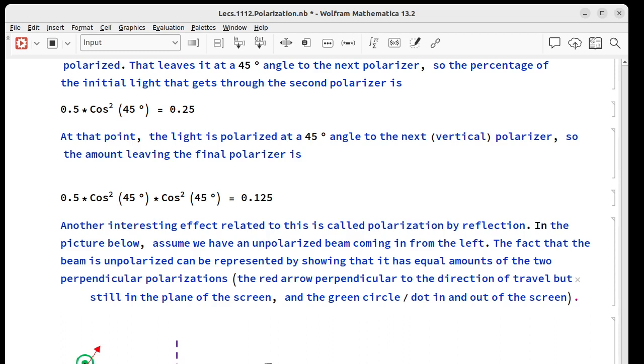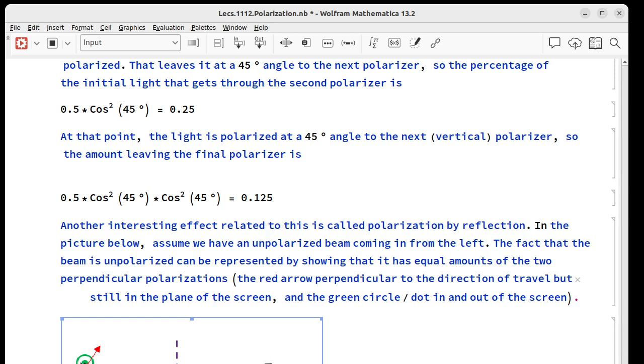So these things hit the surface of this non-metallic screen here. Some of it goes in, some of it's refracted, some of it's reflected. This is nothing we don't expect. However, what we notice is if you look at the orientation of this polarization vector, it would be going in the direction of travel.